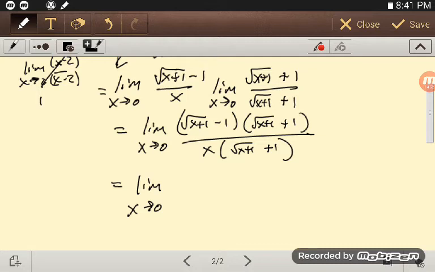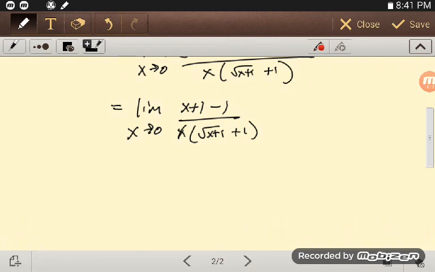The square of the square root of x plus 1 is just x plus 1, and then minus 1 squared, so minus 1. And then divided by x times the square root of x plus 1 plus 1, like that. That's the limit as x goes to 0.